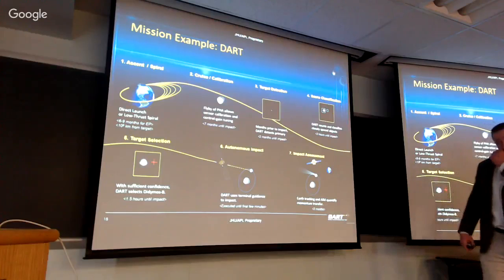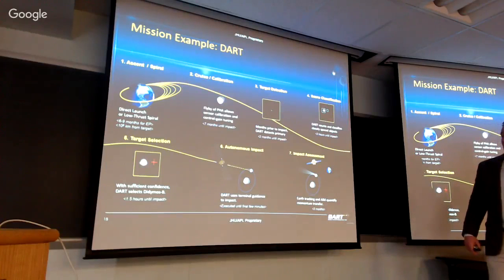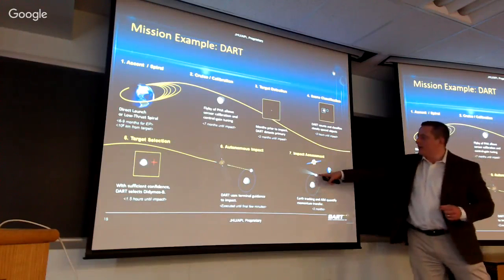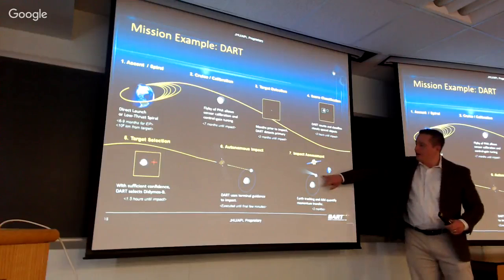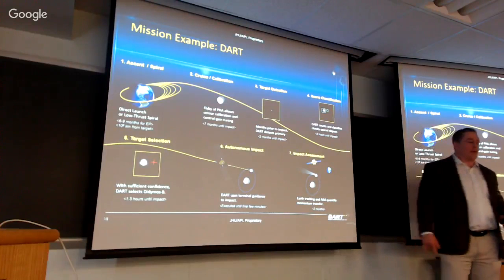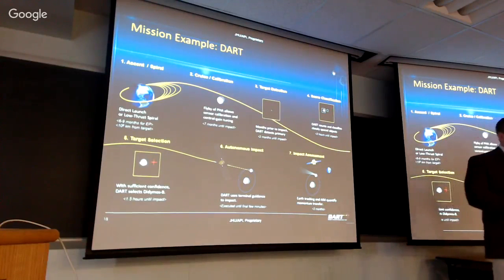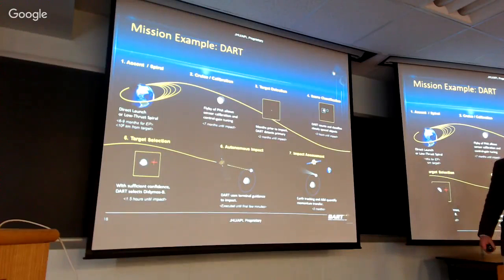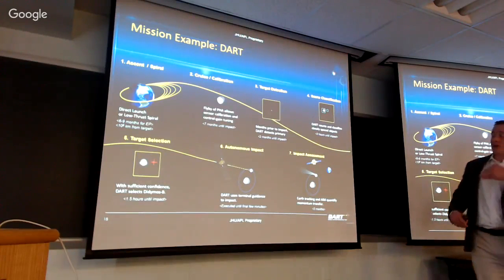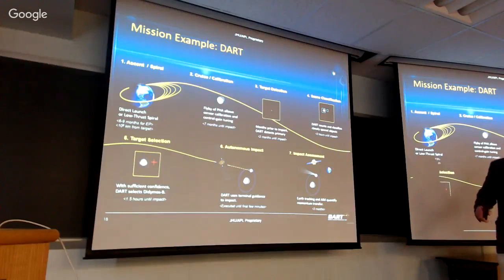It's a potentially hazardous asteroid that has a very nice close approach with the Earth in 2022. And so it's actually going to impact the secondary, use that deflection of the secondary with respect to the primary, because it's easier to measure and test for planetary deflection, of asteroid deflection. And so all of this is built on this big low thrust transfer that you see here.